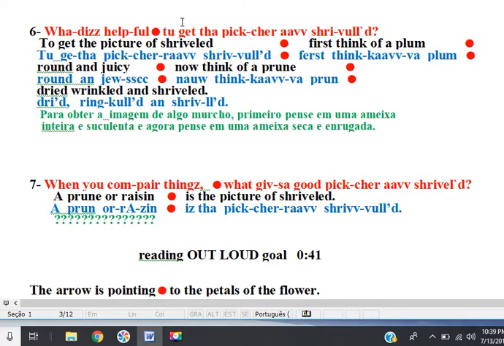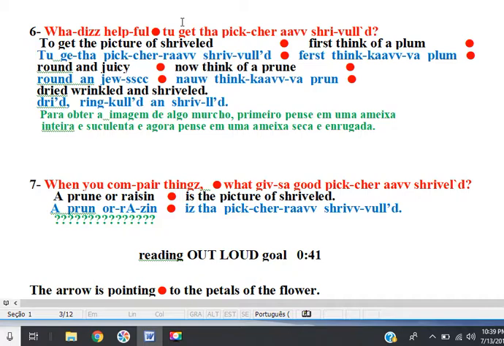Line 6. To get the picture of shriveled, first think of a plum, round and juicy.